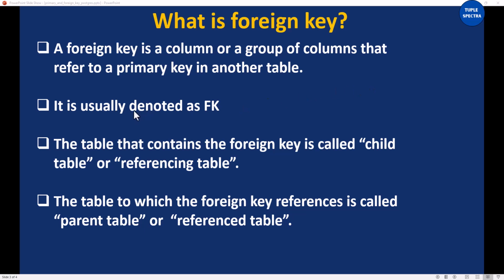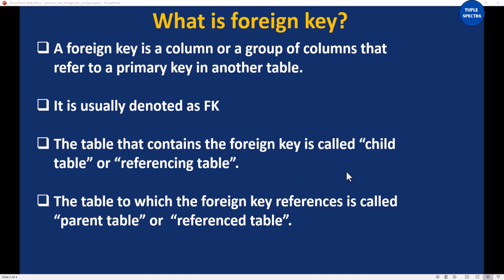Okay. Foreign key is usually denoted as FK, F for foreign, then K for key, just like we talked about primary key, which is PK. Now, the table that contains the foreign key is called the child table, or you call it the referencing table.